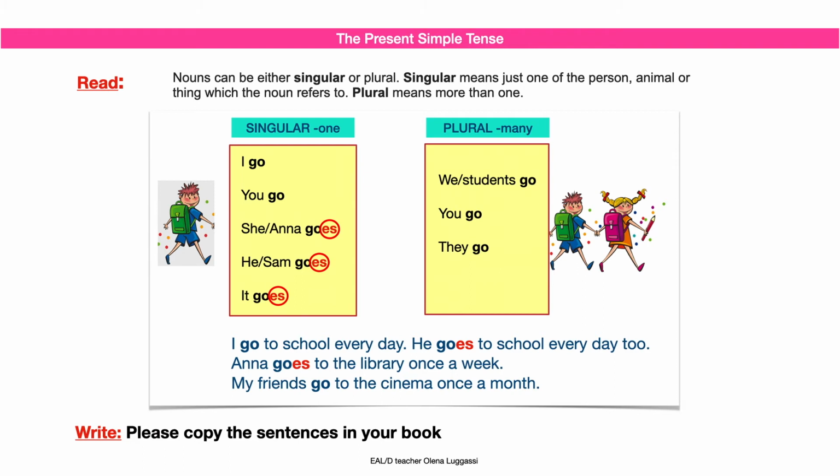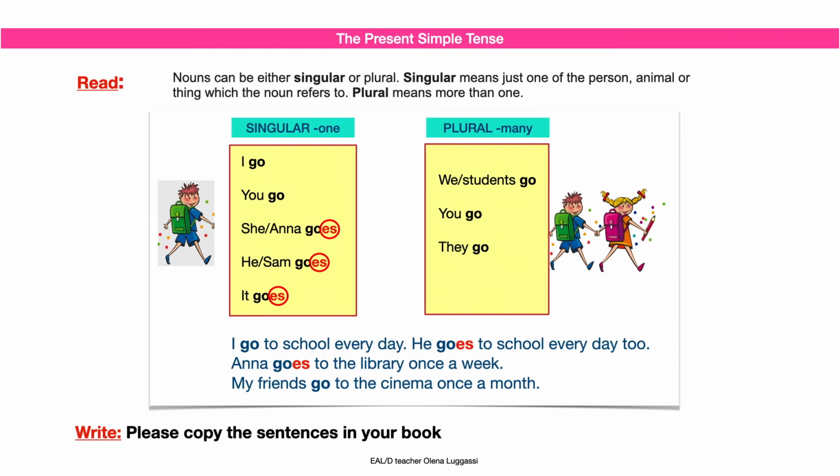Singular. I go, you go, she goes, or Anna goes, he goes, or Sam goes, it goes. Now pay attention on how we spell the word goes. G-O-E-S. So we have to add the ending es to the verb to create a correct form.